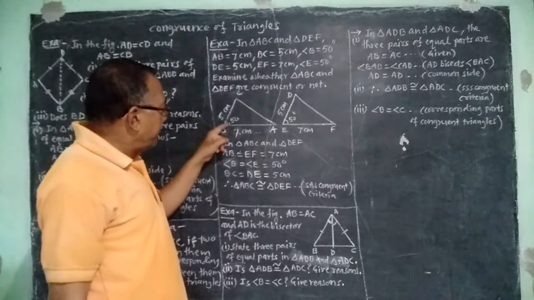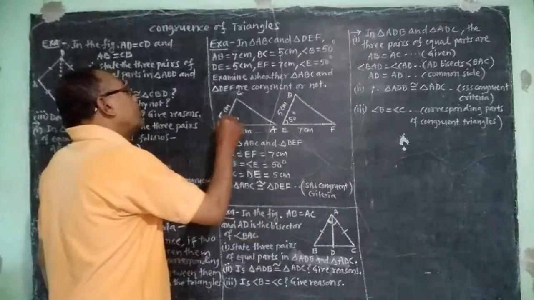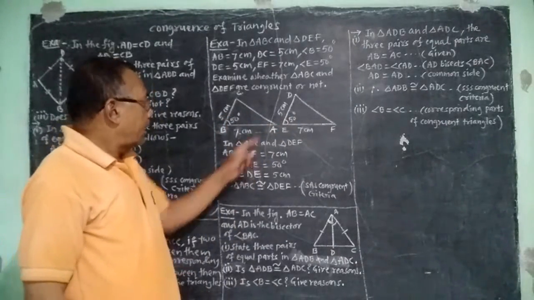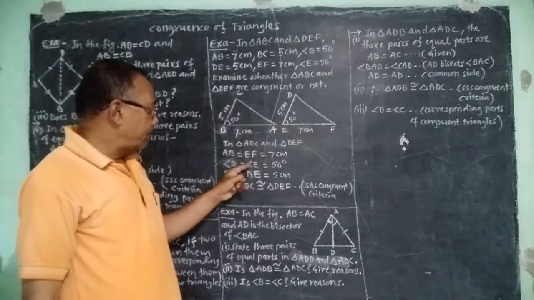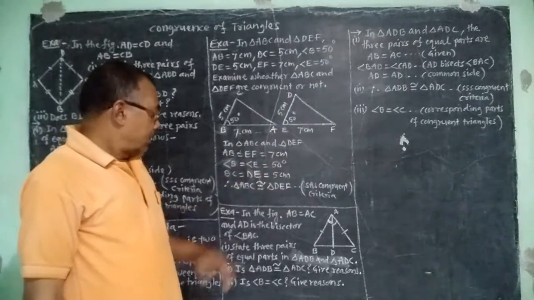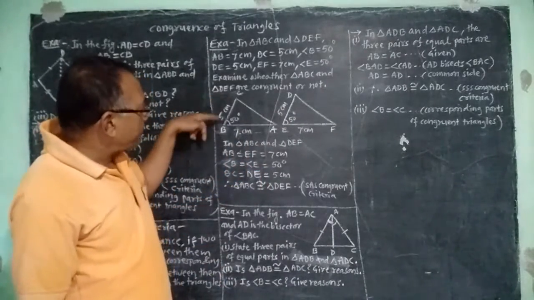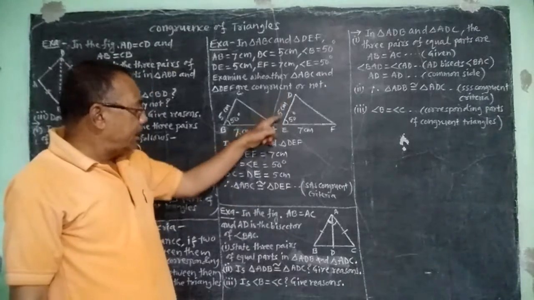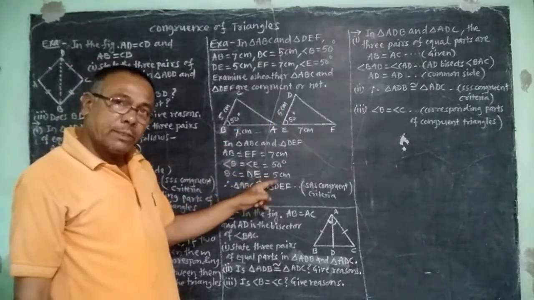Then angle B is equal to 50 degree, angle E is also 50 degree. Then BC is equal to 5 centimeter, and DE is also 5 centimeter.